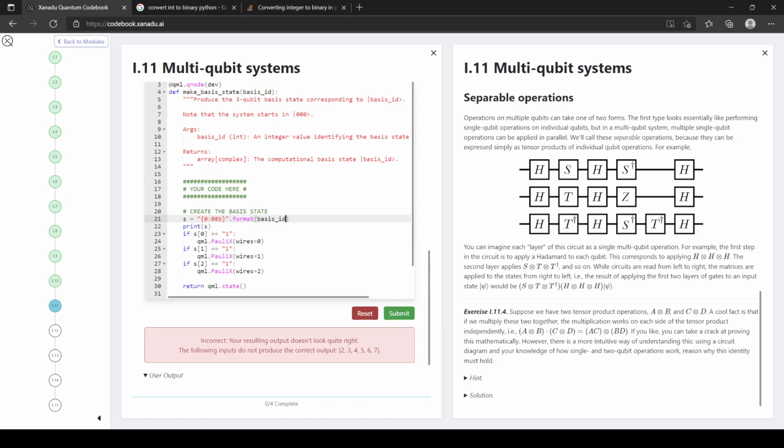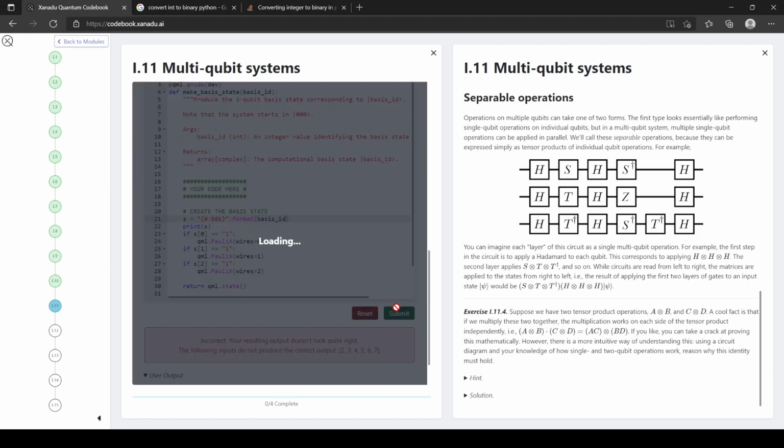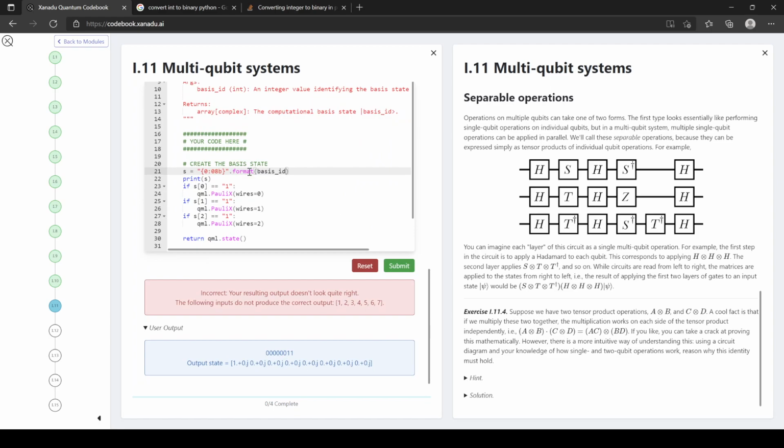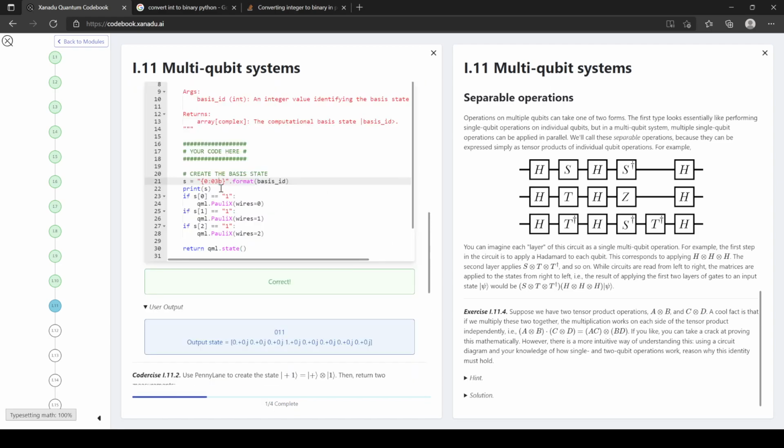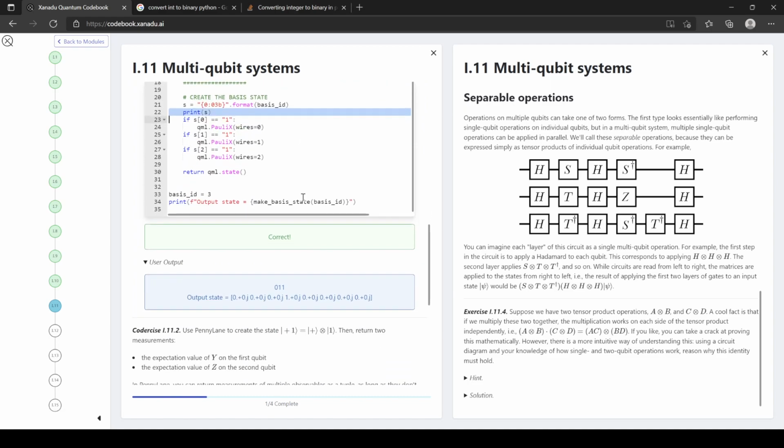We're just converting it to binary. That's all I'm trying to do here. Oh, but we don't want 8, we want 3. There we go.